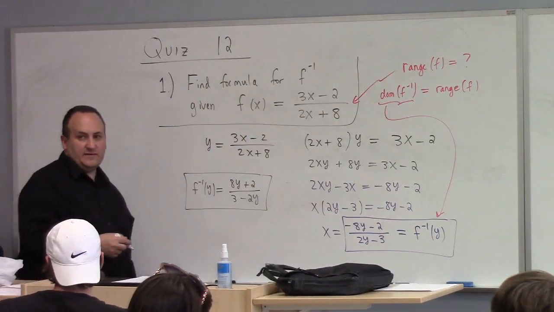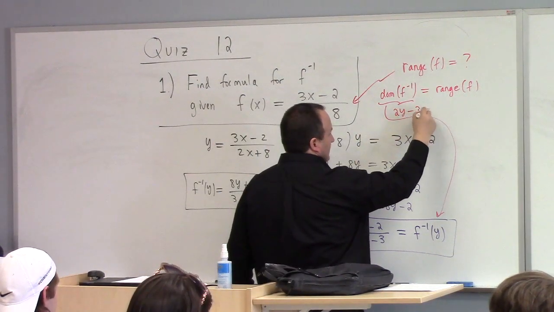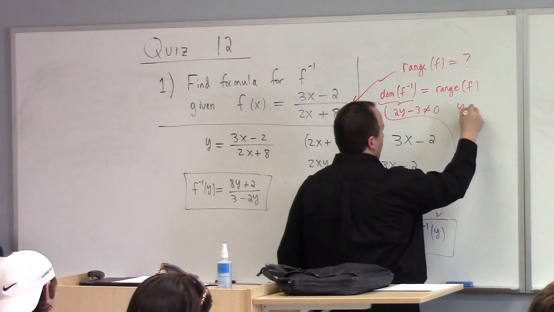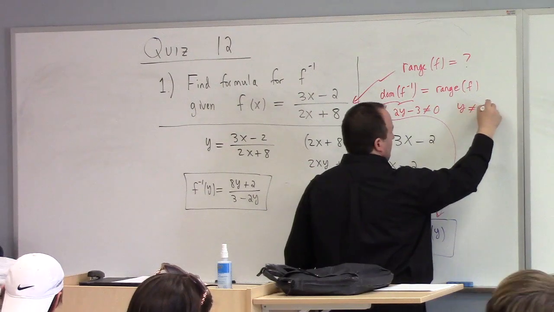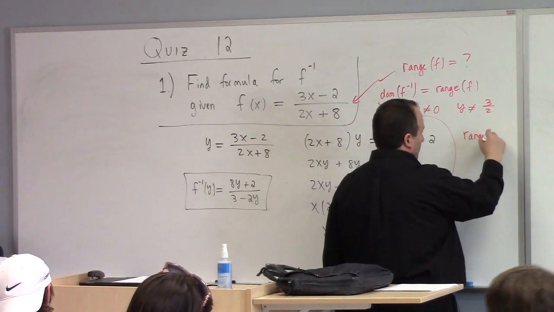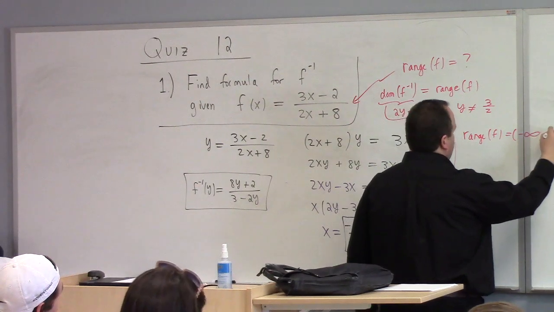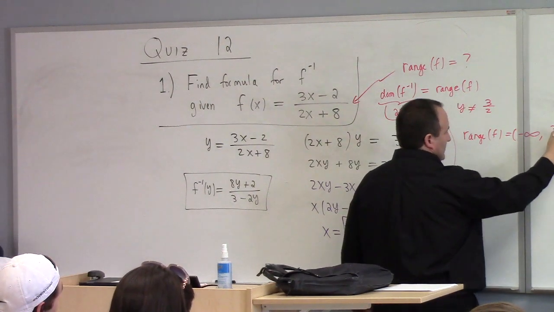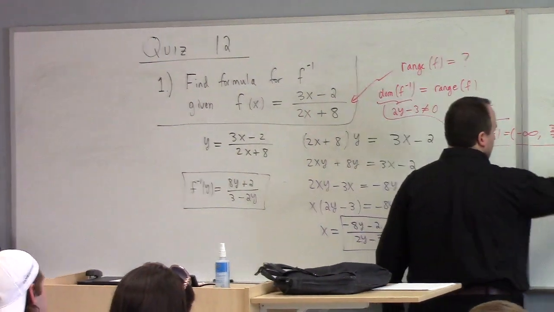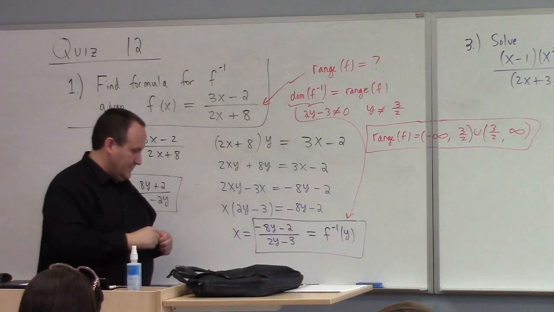That makes sense provided 2y minus 3 is not equal to 0, right? Which is to say that y is not equal to 3 over 2. So this tells me that the range of f is actually equal to minus infinity to 3 halves, not included, union with 3 halves, not included, to infinity. So there you go. That would be the range.